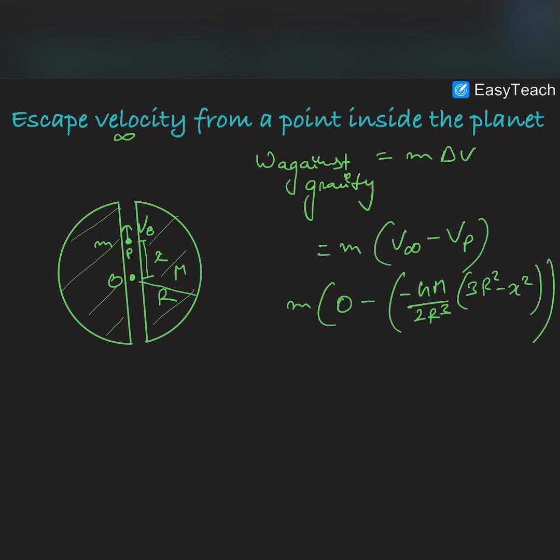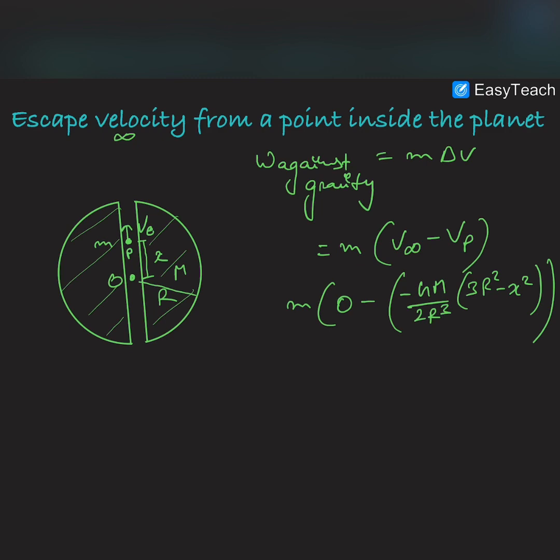If you remember, this is the gravitational potential of the planet at a point situated inside the planet.